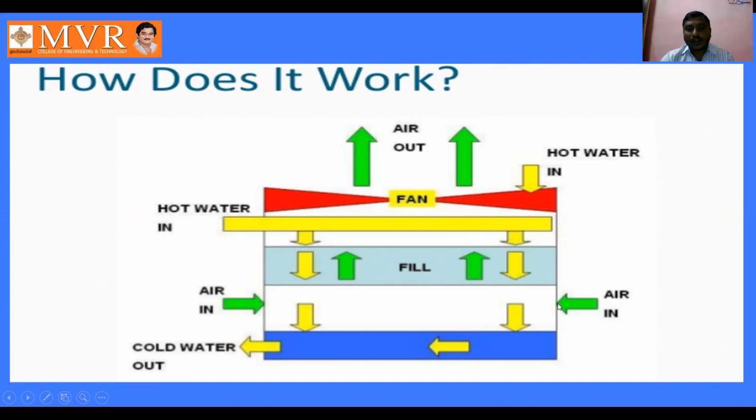When the hot water and the cooling air mix at a point, the hot water is cooled, and the air has taken away the heat from the cooling water and rejects it to the atmosphere.